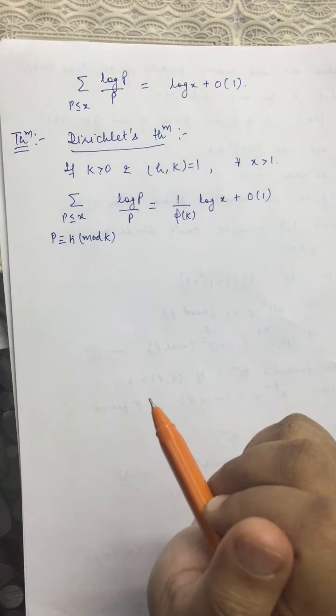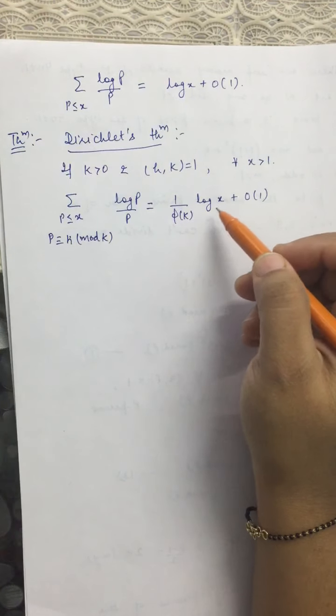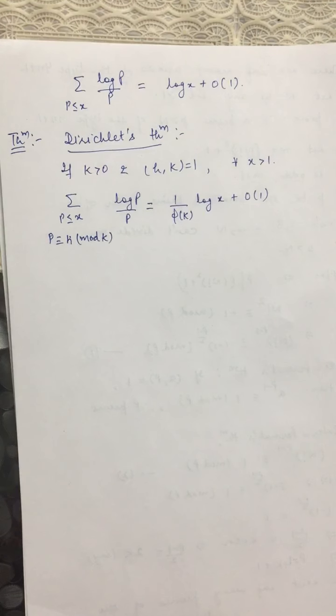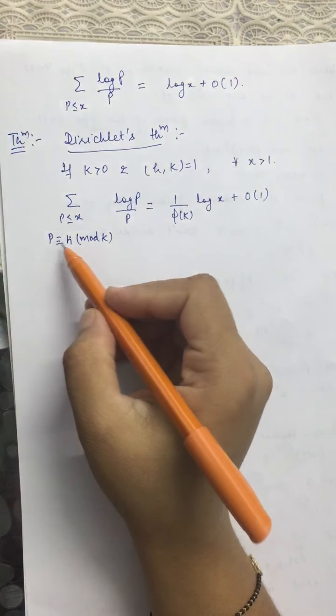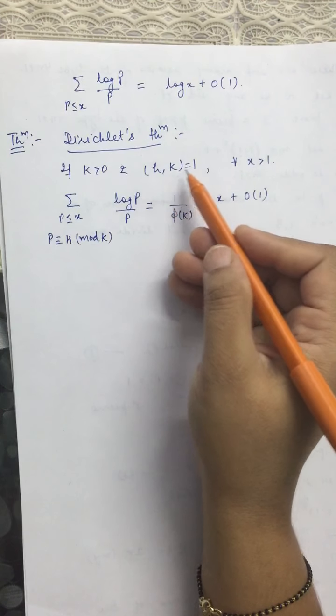Now one more thing this theorem reveals is that the principal term, 1 upon phi k times log x, is independent of h. We know there are phi k different residue classes modulo k, and h is one of them, because we are saying p is congruent to h modulo k, and h and k are co-prime.